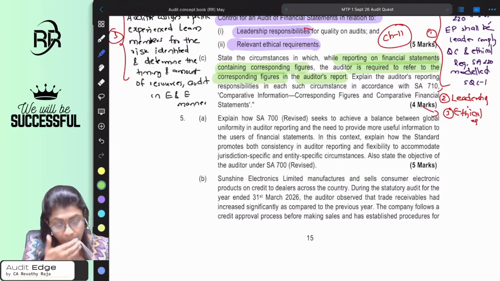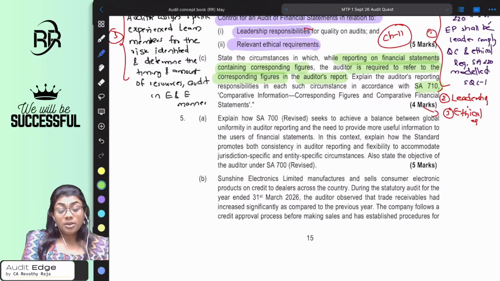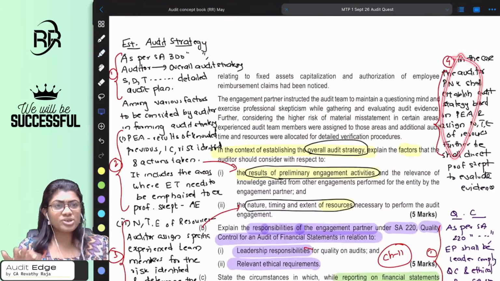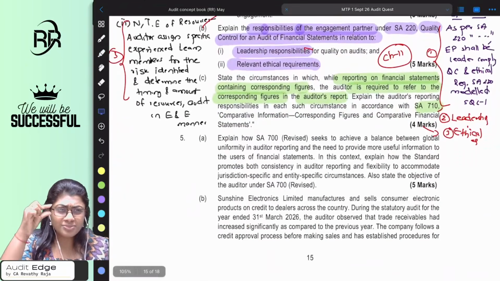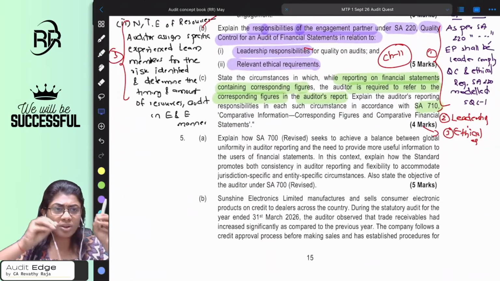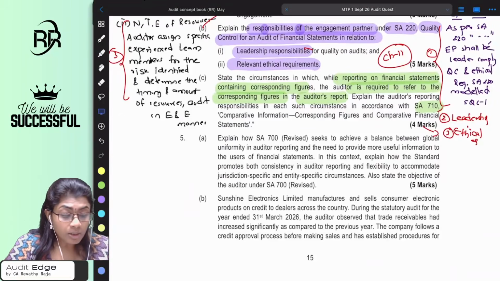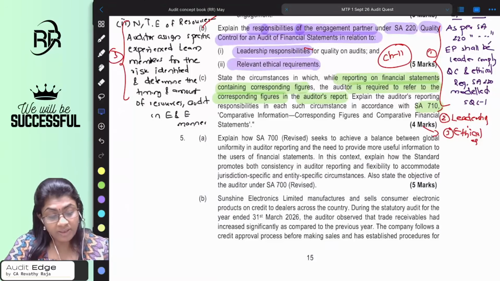Explain the auditor's reporting responsibilities in each circumstance as per SA 710. That's also a direct question. So no need of an in the given case para. Just put an intro para, write what they have asked in the question and conclude directly.